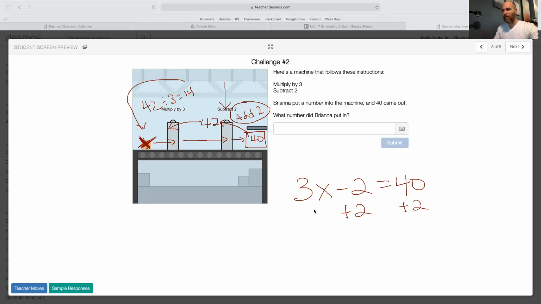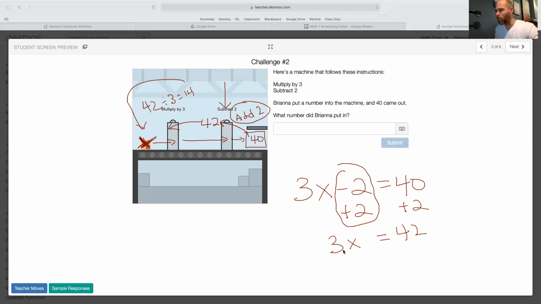What happens here is we have minus 2 and plus 2, or you can think of it as negative 2 and positive 2. Those mean basically the same thing. When you combine those, they make a 0. So the new equation you arrive at is 3x plus 0 equals 42. I didn't bother to write the plus 0. It's pointless, right?